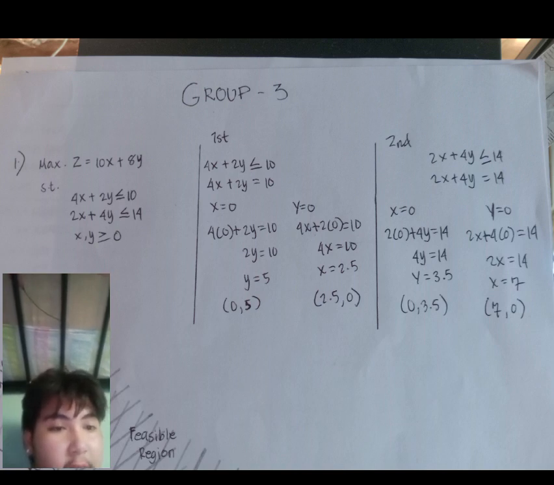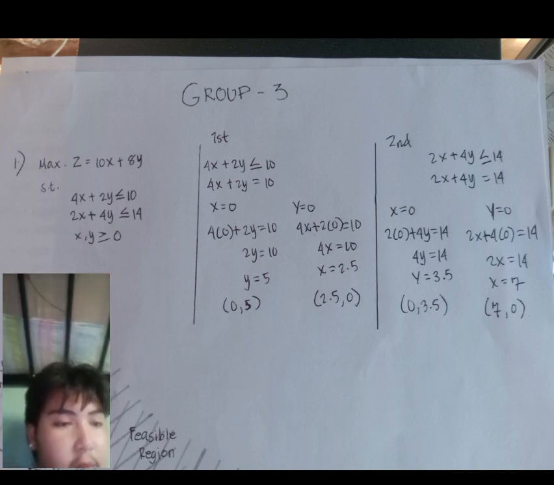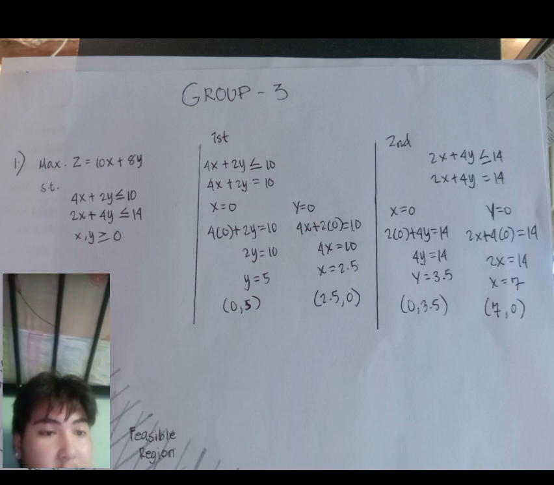The second equation, 2x plus 4y less than or equal to 14. Let's find y first, with x equal to 0: 2 times 0 plus 4y is equal to 14. 4y equals 14, divided by 4, so y is equal to 3.5.